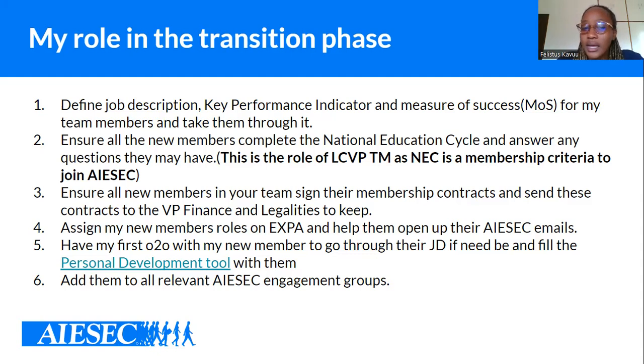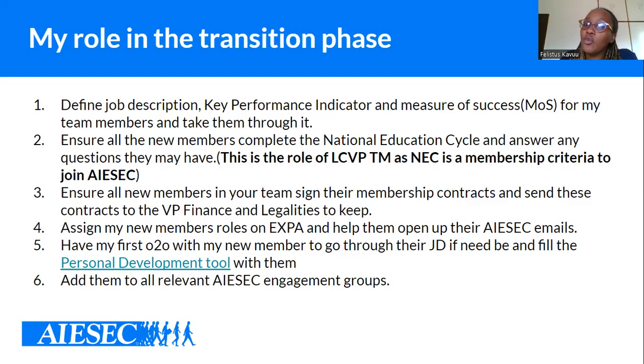I wrote this in bold because this is specifically a role for LCBPTM, because immediately after the induction seminar, a member is only assigned a portfolio. You'll just know that you have 3 members coming into IGV. So while the members, in the 2 weeks, are completing the education cycle, now you as team leader, your role is to ensure their job description, their key performance indicator, the measure of success, the number of hours the role will require are all clearly stated in their member contract.